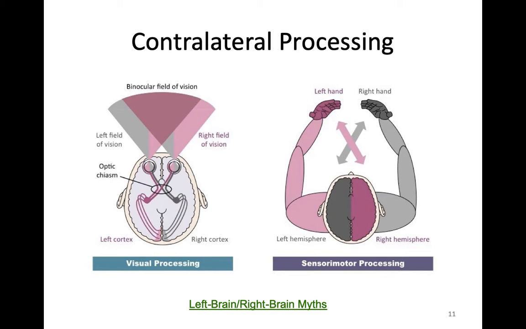Okay, so what that means is that the left hemisphere is responsible for processing our motor information as well as our visual information on the right side of the body. So you'll see in this left-hand panel that when we've got information that is in our right field of vision, it's actually processed on the left side of our brain. When there's information that is in our left field of vision, it's processed on the right side of our brain.